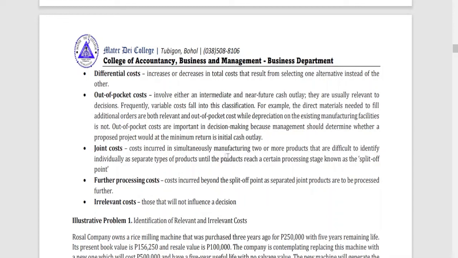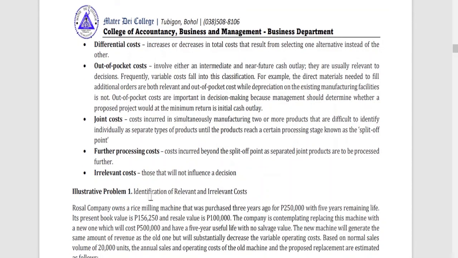Naa pod tong mas better kung i-process further siya. Okay, so naay pamaagyan na to determine asa man sa mga products, joint products ang dapat i-process further. And then irrelevant costs, these are costs that do not influence a decision.